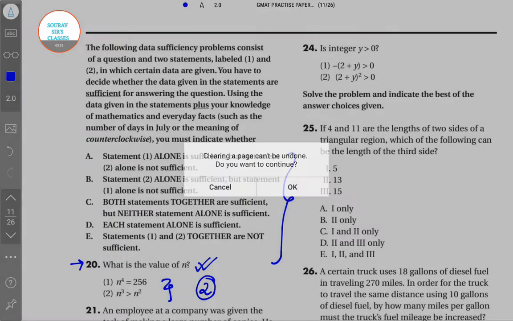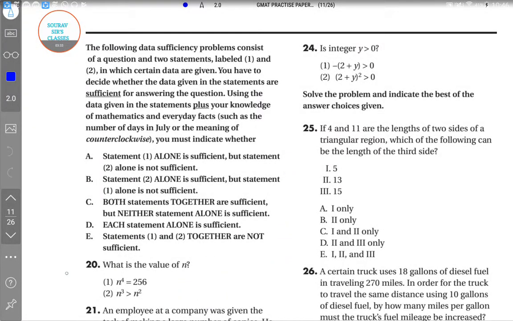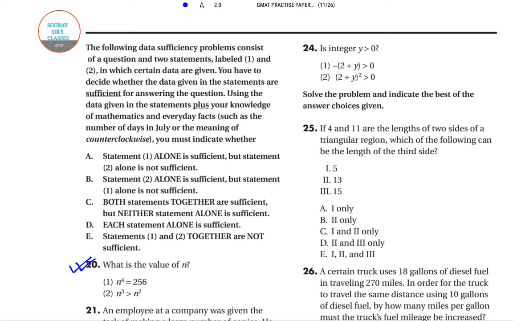We will start with question number 20 itself. Question number 20 says we need to find what is the value of n, and we have been provided with 2 statements. So we have to analyze them. First we will look at statement number 1.